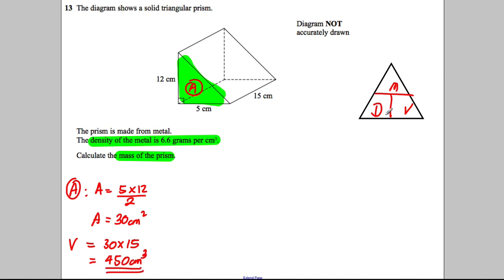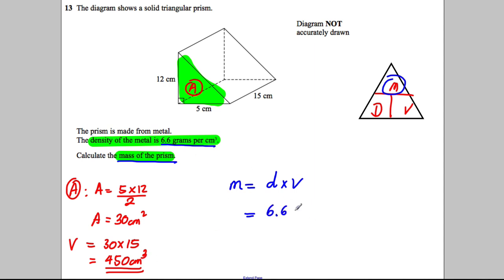If we had remembered that density is mass over volume, if we want to work out the mass, we put our finger over the mass and it's density multiplied by volume. So the mass is going to be density multiplied by volume. The density is 6.6 grams per centimeter cube, so 6.6.